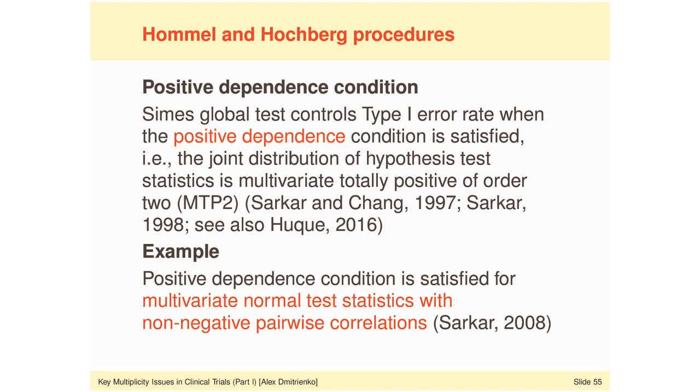This positive dependence condition is generally somewhat difficult to define, but the good news for us when we talk about clinical trial applications is that when the test statistics follow a multivariate normal distribution, this positive dependence condition is met and the semi-parametric procedures protect the family-wise error rate if all pairwise correlations are non-negative.